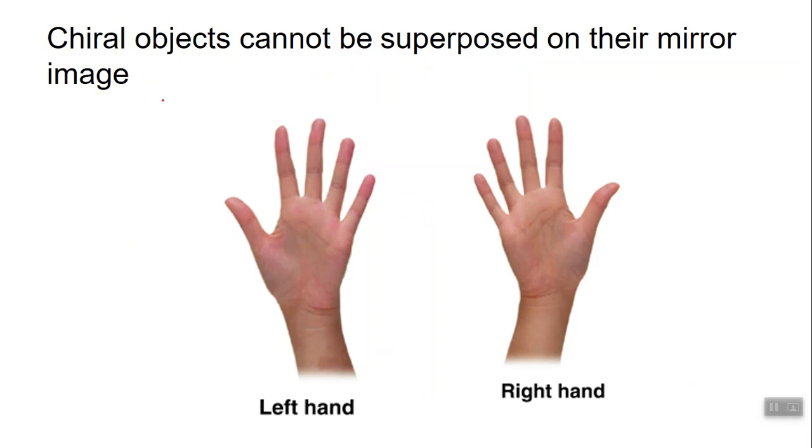Chiral objects cannot be superposed on their mirror image. What that means is if you take your hand and lay one on top of the other, your thumbs do not overlap. Your hands are mirror images, but all of the parts of them don't line up if you put one on top of the other.